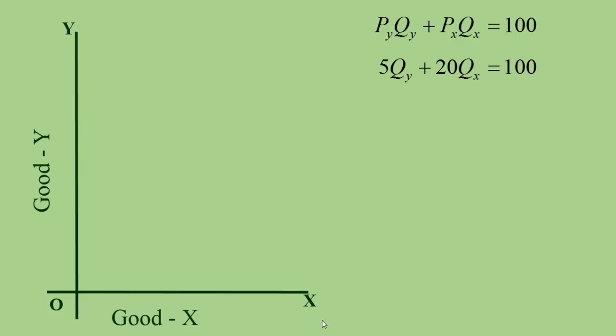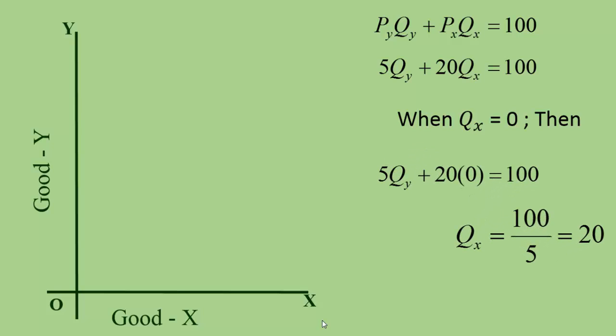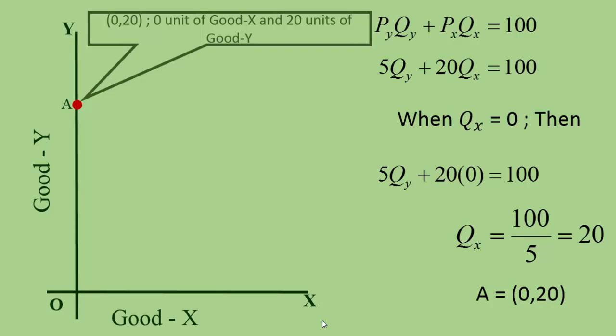We have to find the two coordinates of minimum 2 points to obtain the straight line curve, that is price line. Suppose the consumer buys nothing of good X and he buys only good Y. Then he will buy 20 units of good Y. So 0, 20 is one of the points on the price line.